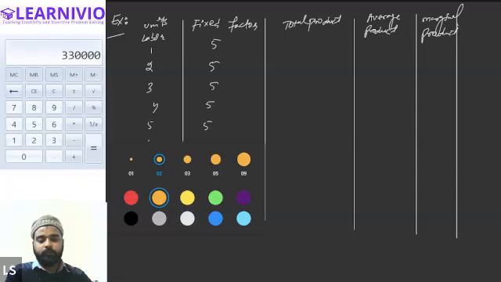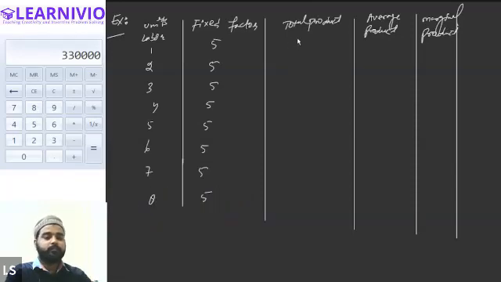So let's say when only one labor is applied, the total product was 60. Then total product increases to 140.